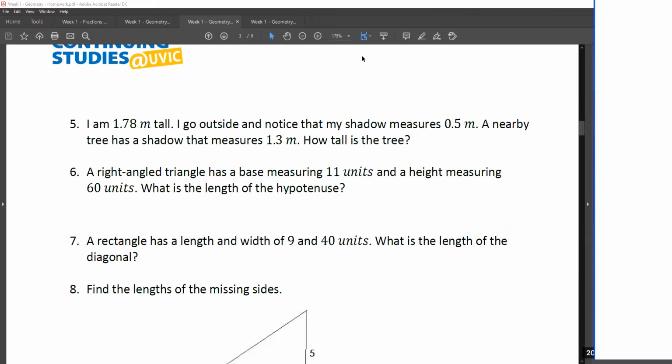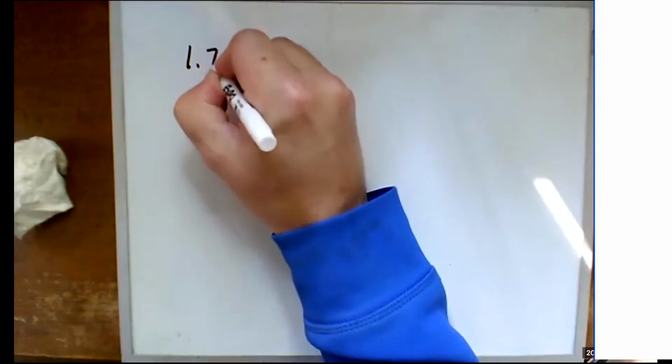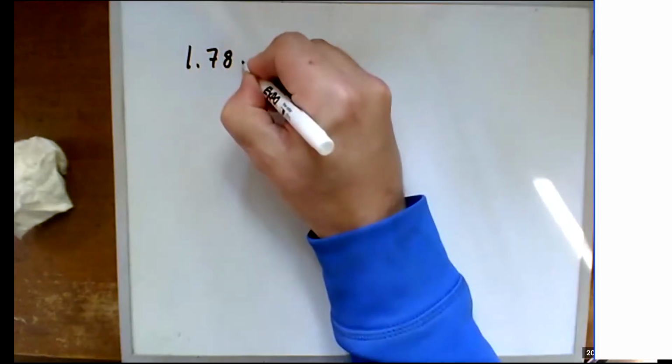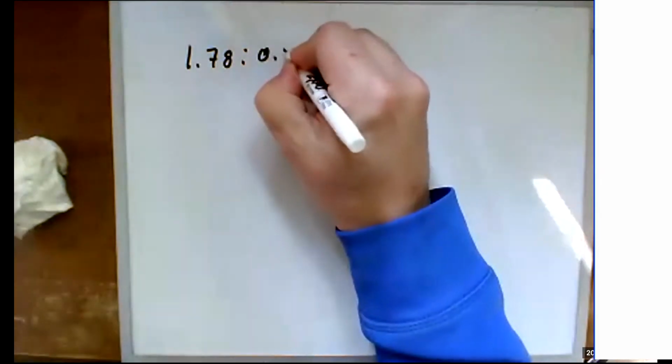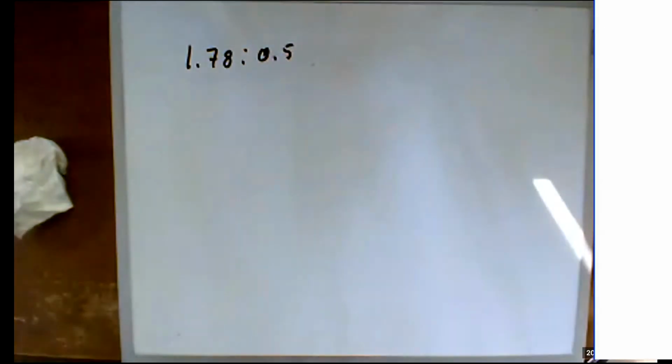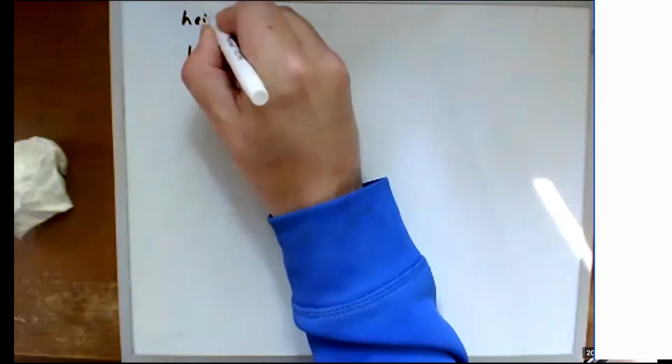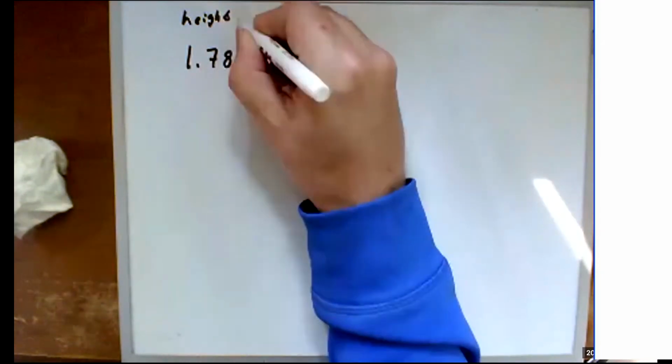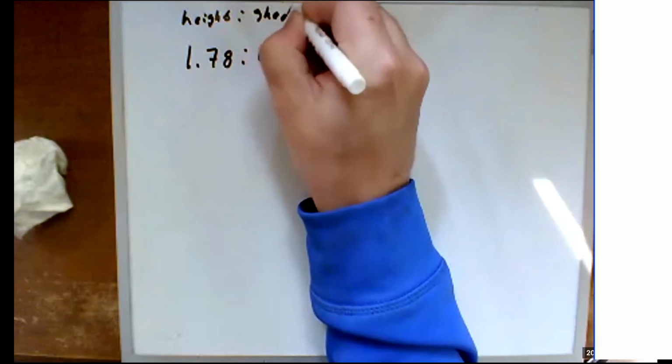So we take a look at this information, and we're going to put it into something that looks mathematical. And I can do a ratio of my height to the length of my shadow. I'm going to write that out. Height to shadow.